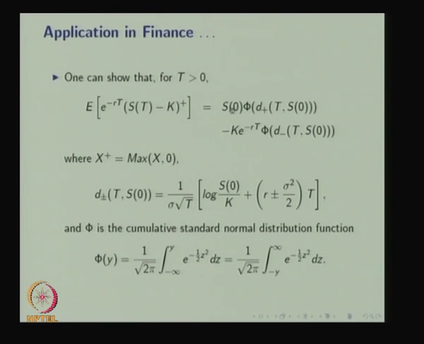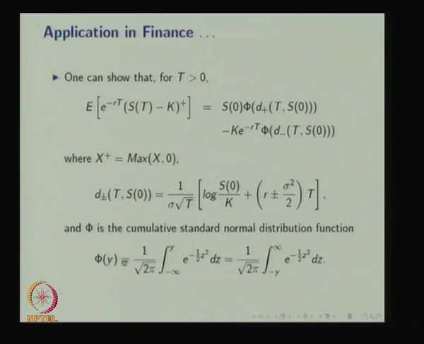is nothing but S(0) psi of d plus (t, S(0)) minus K times e power minus rT psi of d minus (t, S(0)), where d plus and d minus are defined in this form, and psi is the cumulative standard normal distribution function.